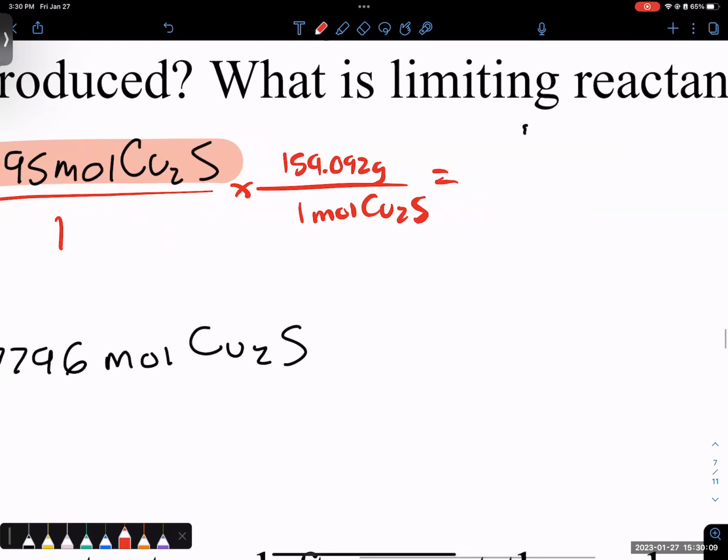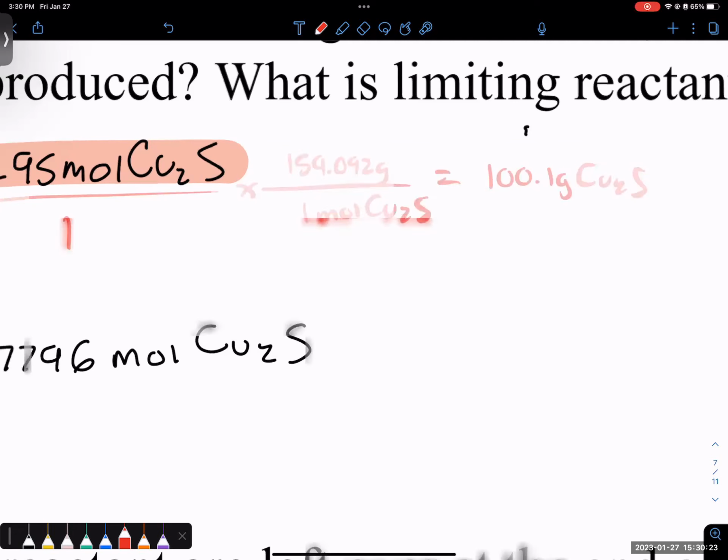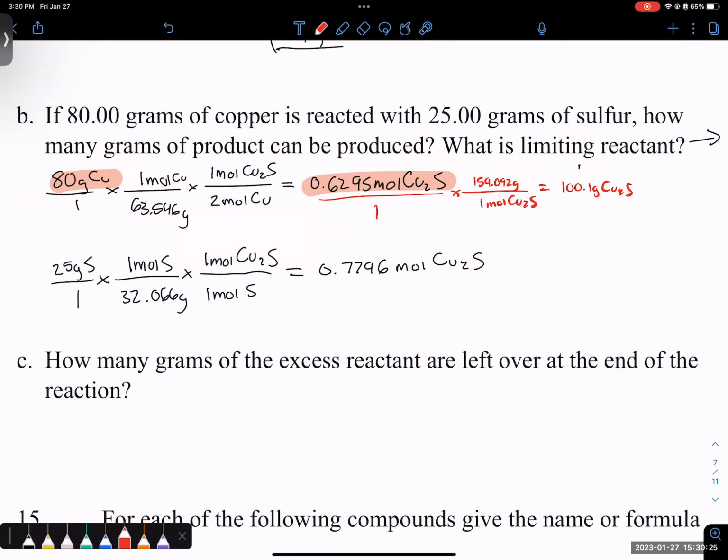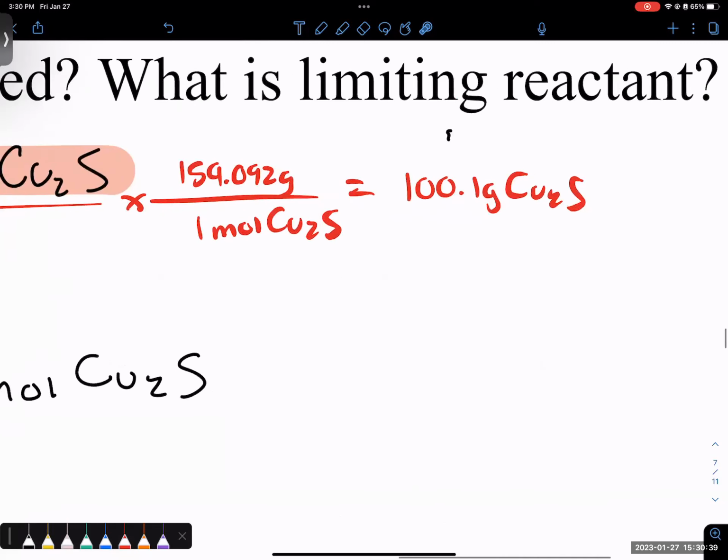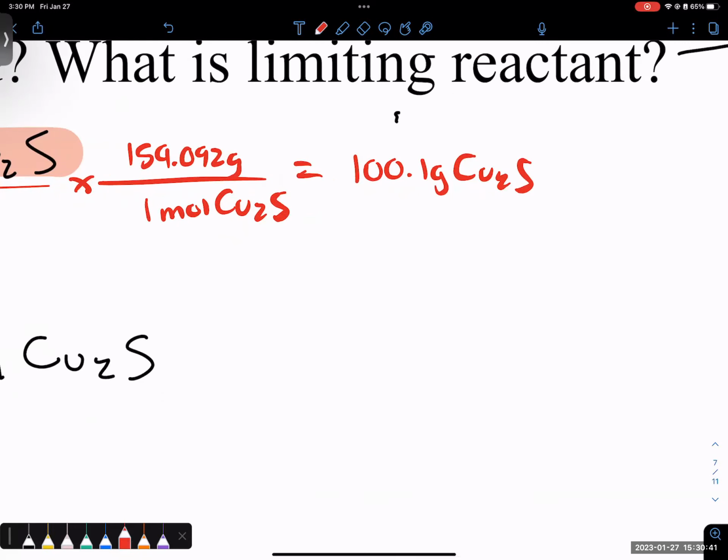It'll be about 100.1 grams. How many sig figs do we have? Four sig figs. So that's why it's 100.1, because remember, whenever you have a decimal, these zeros count. Okay, so that's why I put 4 sig figs.